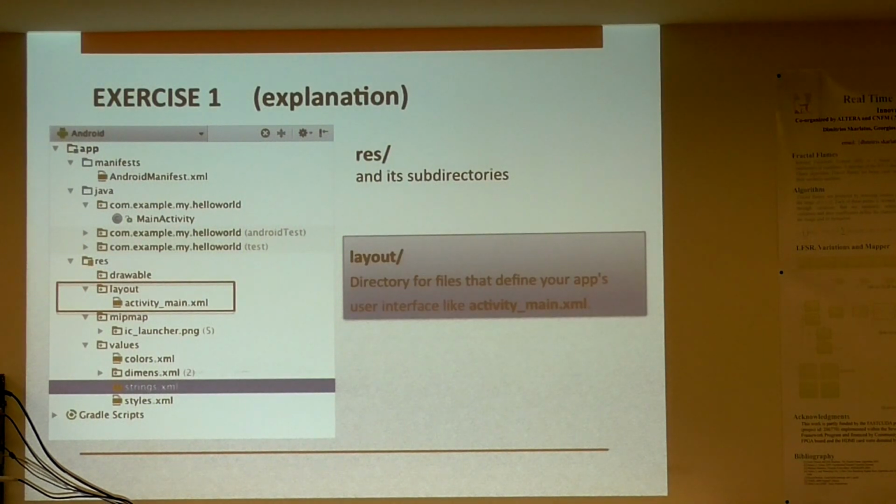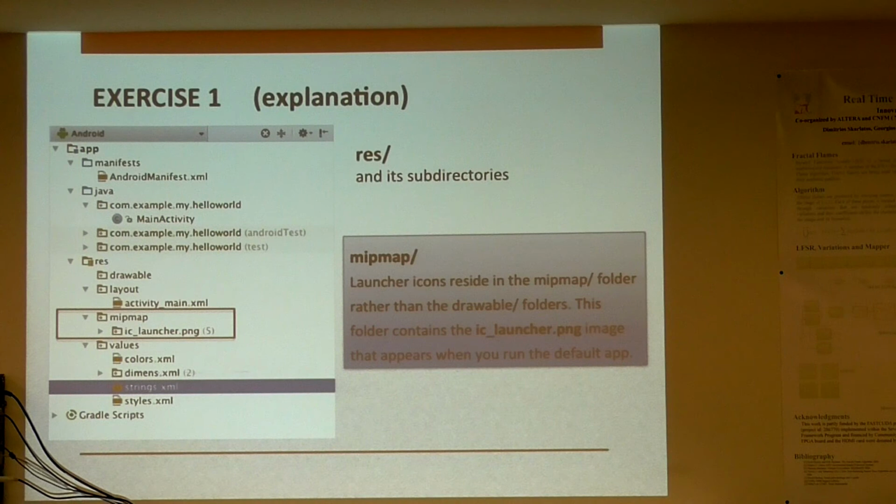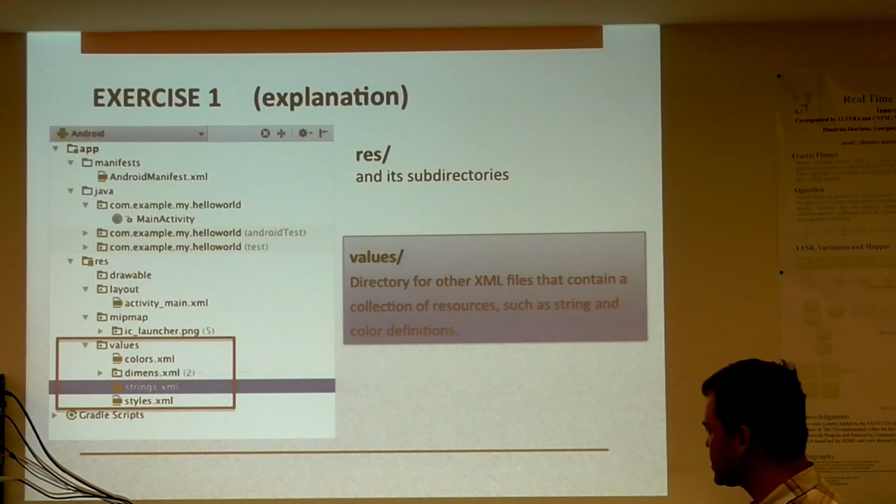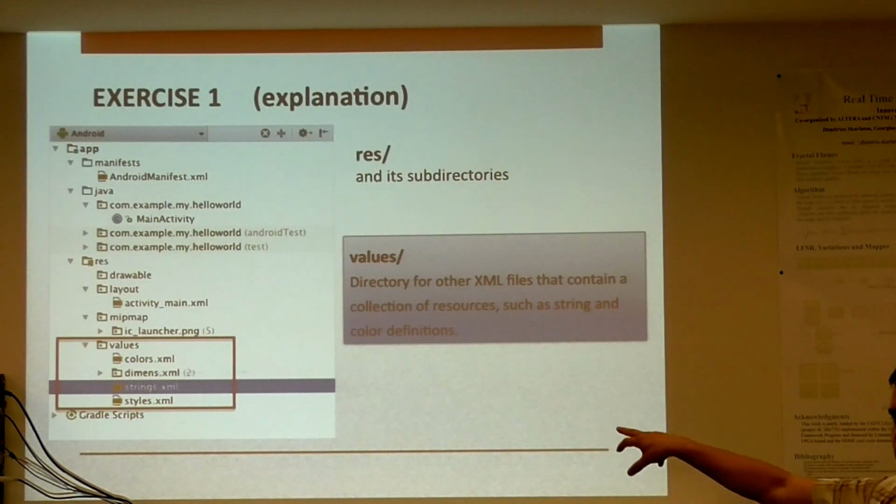Layout, we know what it is. Okay, we know there's a structure. Bitmap for some icons. Okay, and values. So we can use values and strings. We will modify some strings, put in other strings, so our application can use strings.